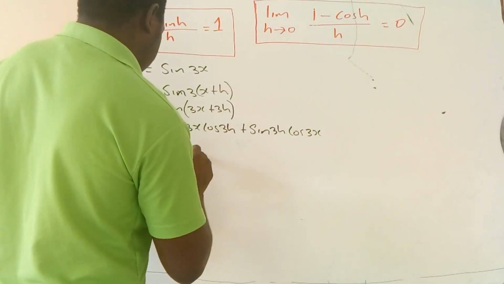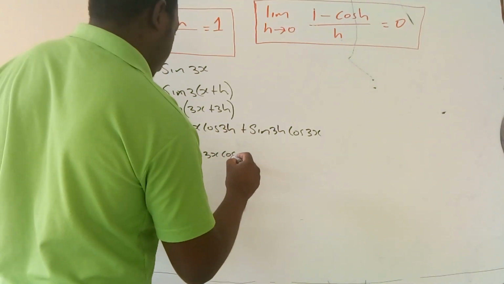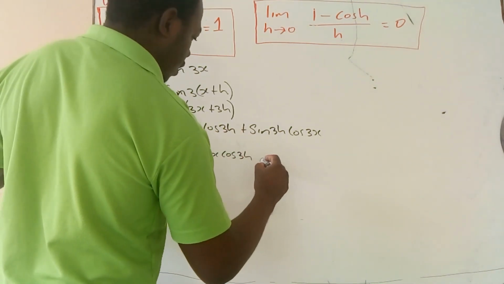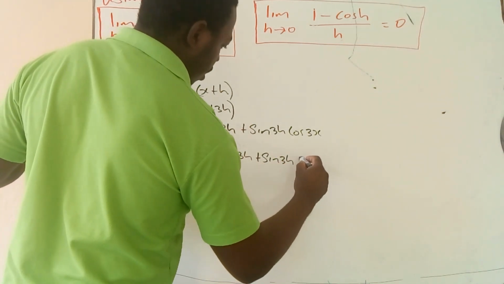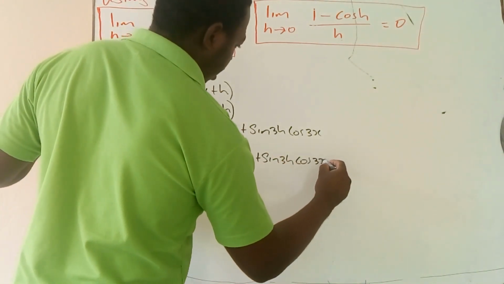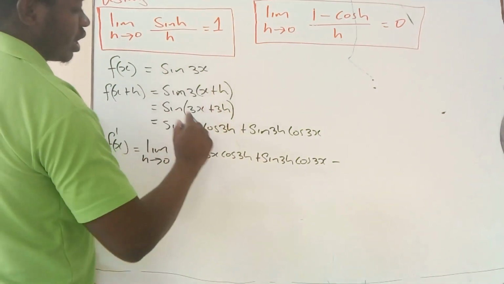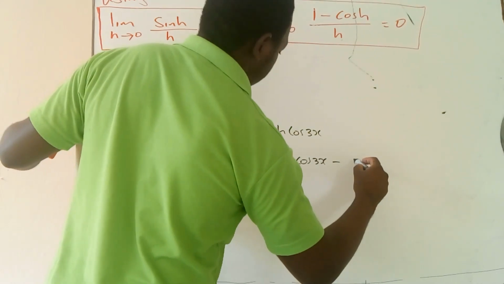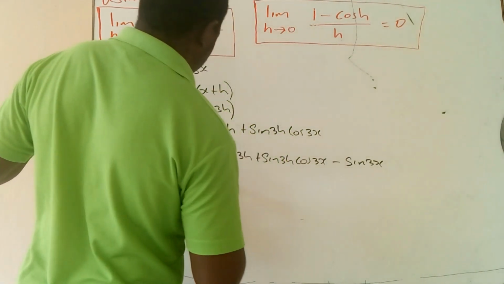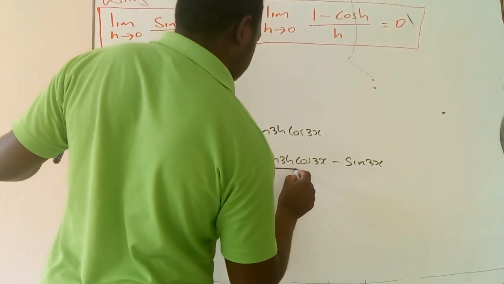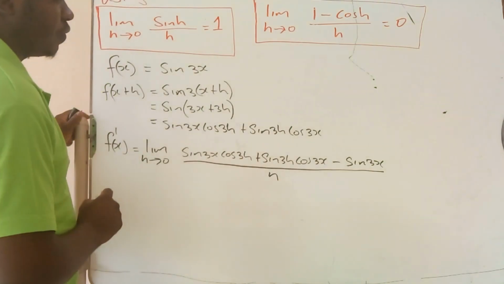So we must have sine 3x cos 3h plus sine 3h cos 3x, minus f of x, which is just sine 3x. All of that must be over h.